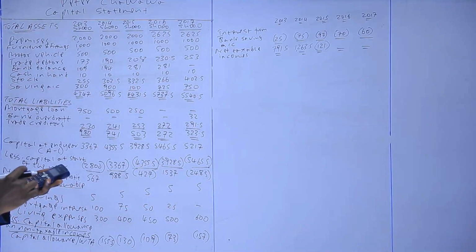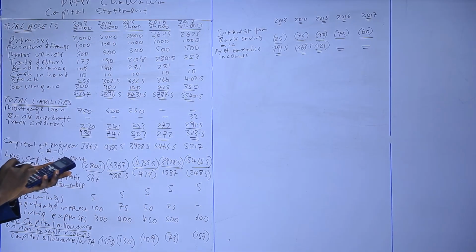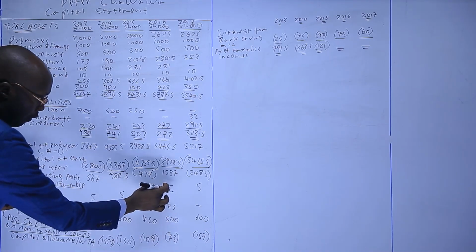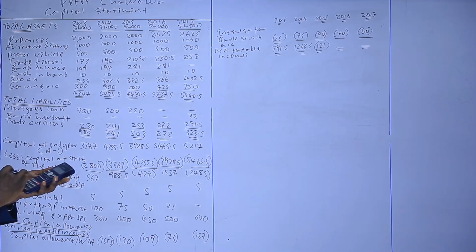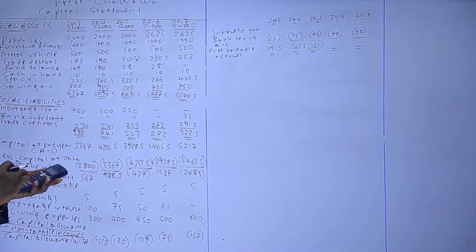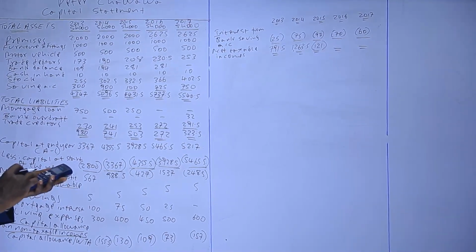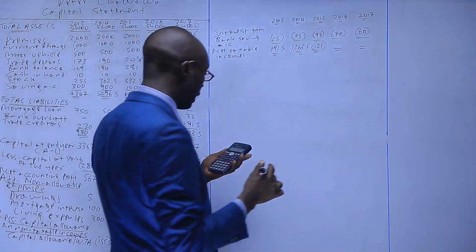Next is 1537 plus 530 minus 73 and also minus 70. It will be 1924.